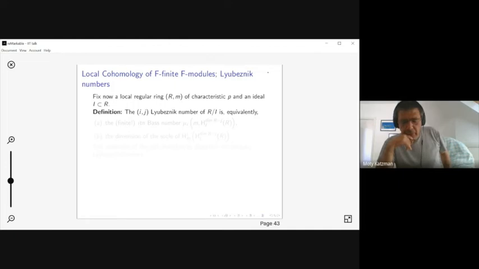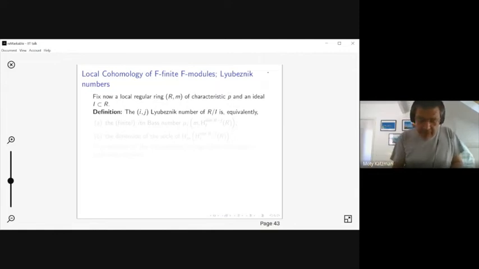So what I want to compute now is Lyubeznik numbers. So what are Lyubeznik numbers? So we're going to start with a regular ring, a local regular ring, which I'm going to call (R, m) of characteristic p.